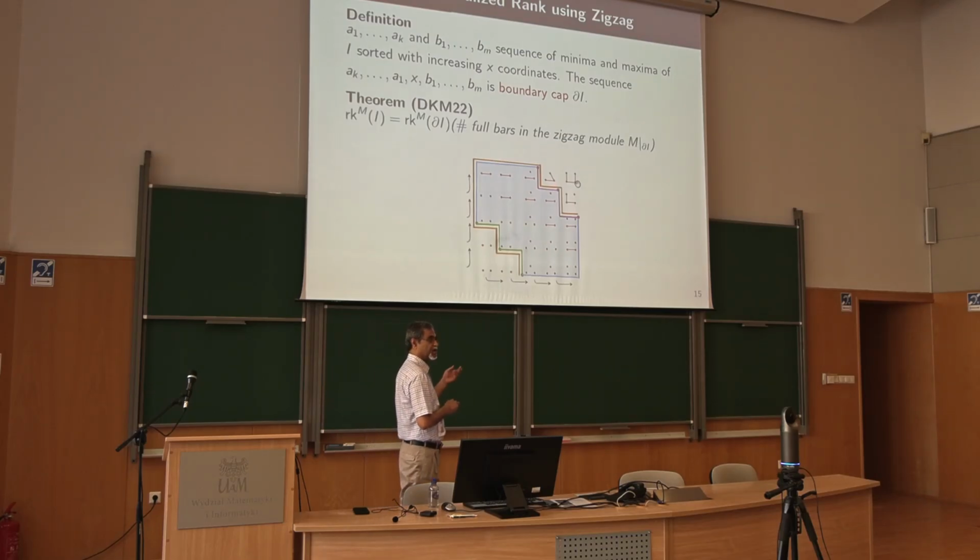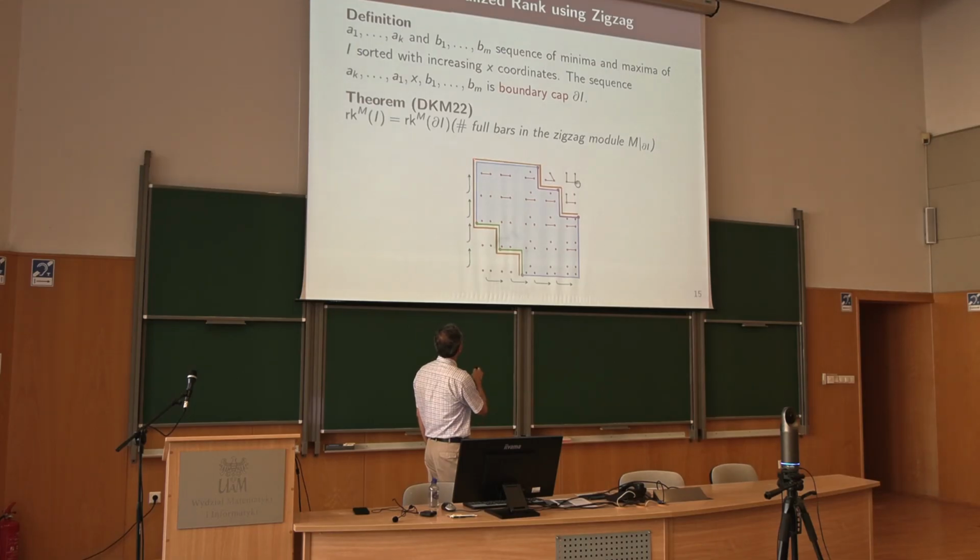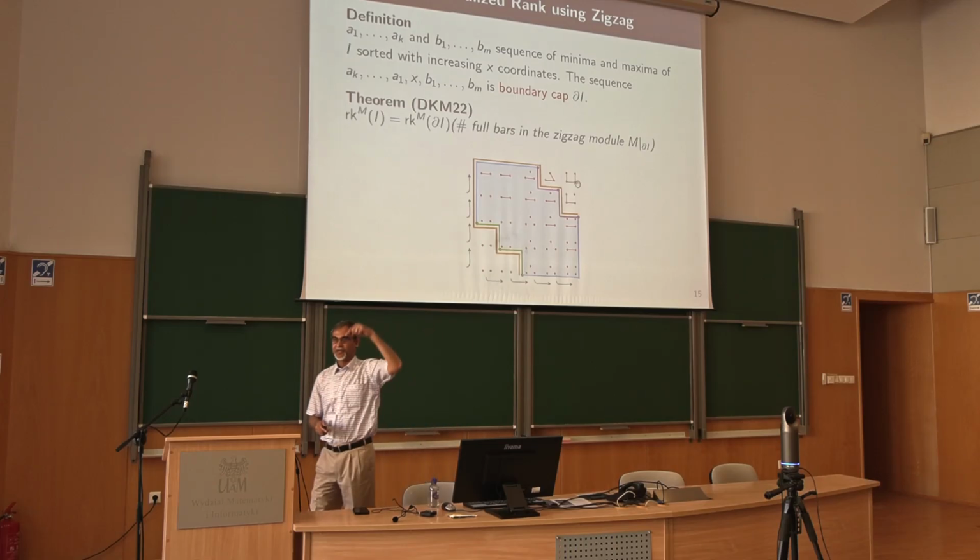Join them with a minimal path on the boundary, like here the green path, here the purple path, and then join these 2 endpoints with this upper leftmost point. That gives you a path, which we call the boundary cap. It's like the boundary of the interval capping from the top. I could have taken it from the bottom also, but we chose the term cap, which is why we are doing it from above.